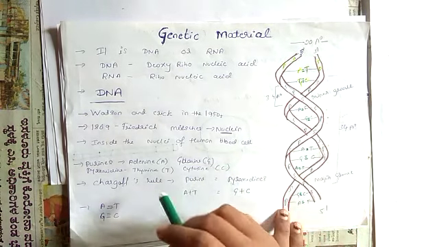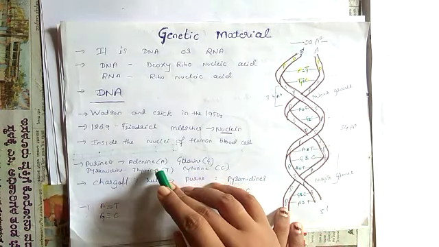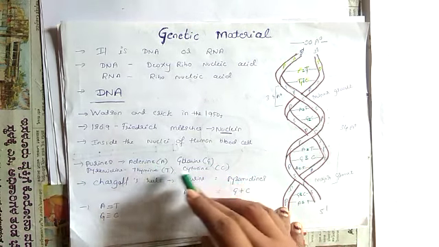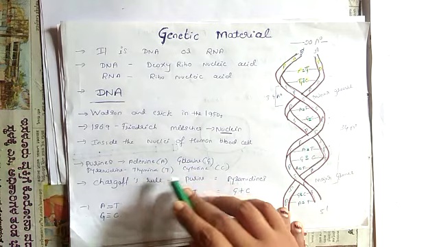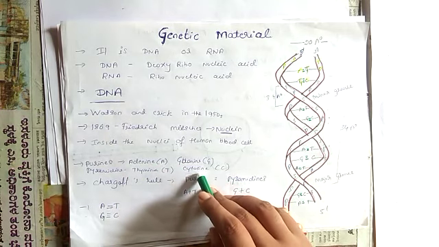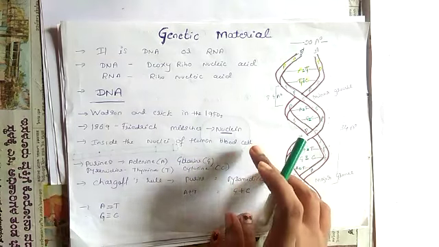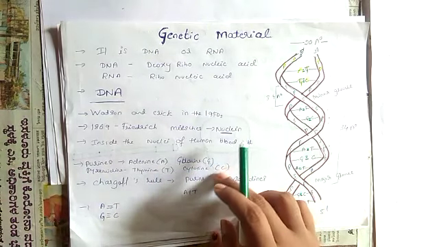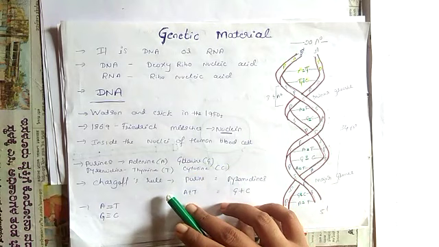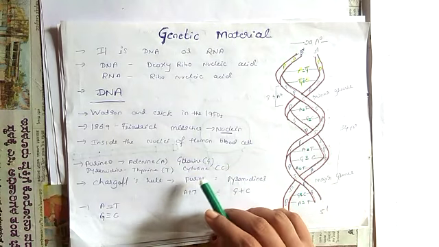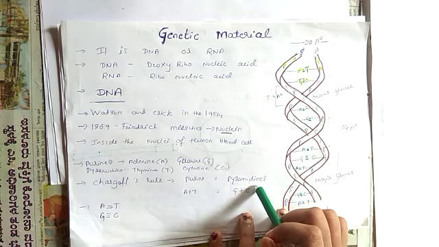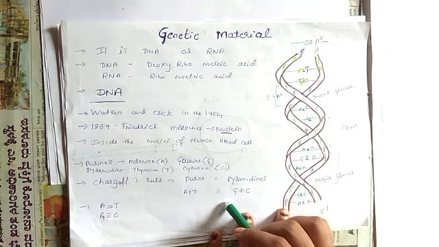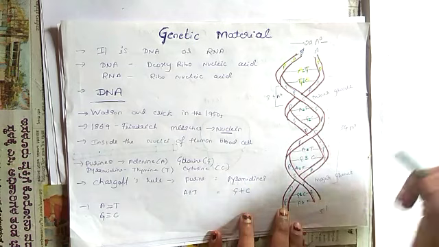Purines are adenine and guanine, and pyrimidines are thymine and cytosine. These are nitrogenous bases, in case of DNA, A, T, G, C. According to Chargaff's rule, the amount of purines is equal to the amount of pyrimidines, that is A plus G is equal to T plus C.